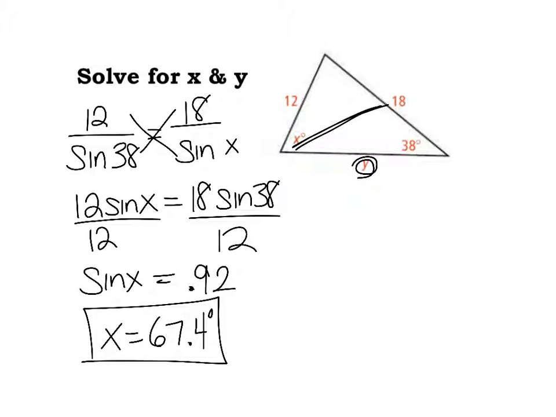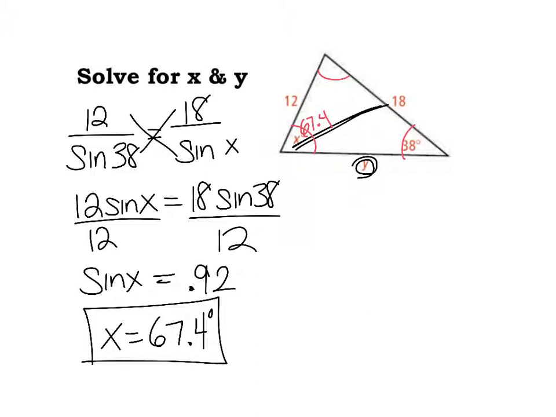The reason I had to go find my x first is because I need to know what that angle is so that I can go solve for y. Sorry, this doesn't let me erase very nicely, so I'm just going to have to leave it there and change colors. Okay, so if this is now 67.4, that's what this angle is, and I know this angle is 38, I bet you could find that angle up there.